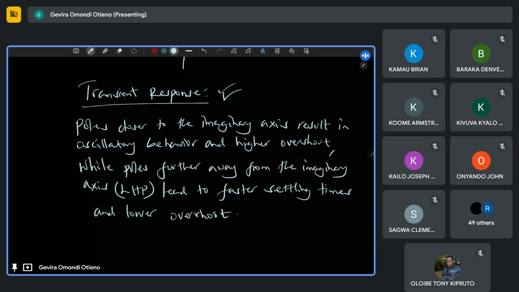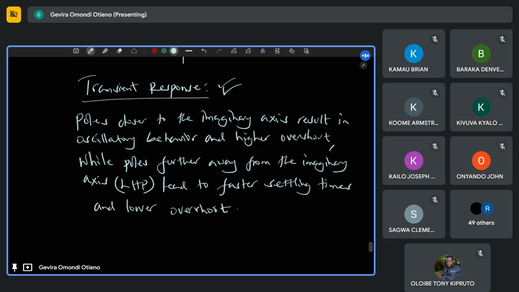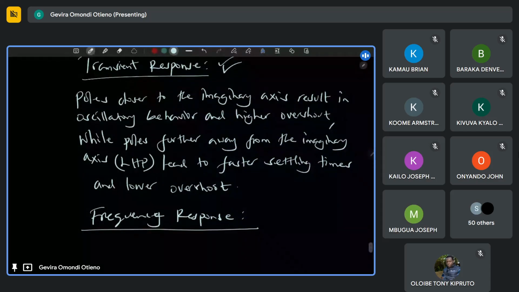You can even go further and indicate the effect on frequency response. This you should have also done in your fourth year. Frequency response. You have a very good teacher in Mr. Fariz, so I'm sure you could have mentioned under frequency response that, of course, the location of poles will influence the frequency response of the system.